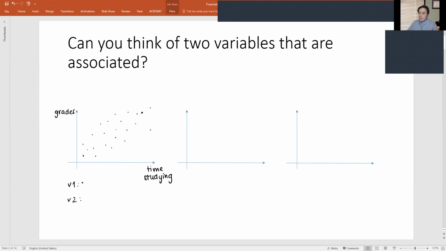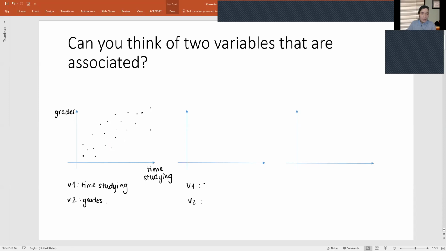Now, so here this is time studying and grades. What's another pair of variables that could be correlated or associated? Anyone?